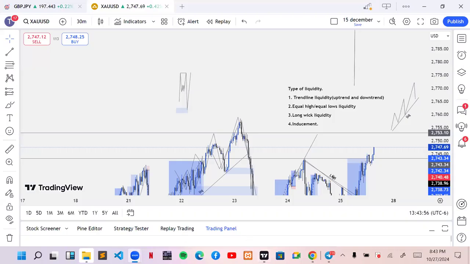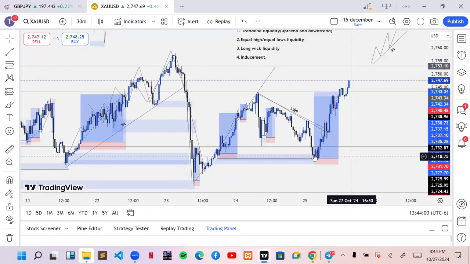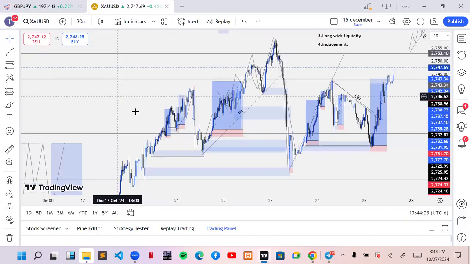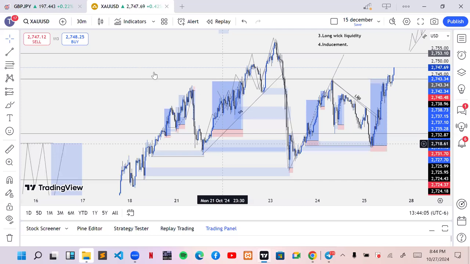My buy setup on gold that I had, three consecutive buys that I had on gold. Okay, where is it safe?